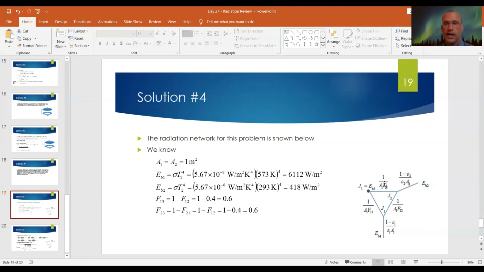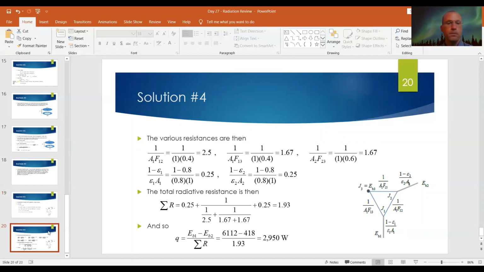What I want to do now is calculate all these resistances. For my radiation network, between object 1 and object 2, I have this emissivity-based resistance, and between all 3 objects, I have these view factor-based resistances. Calculating all the view factor ones: A1 F12, the area is just 1 and F12 is 0.4, so that's 0.25 for the resistance between objects 1 and 2, this one down here.